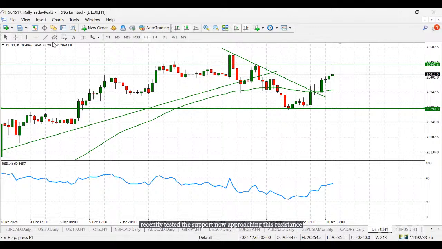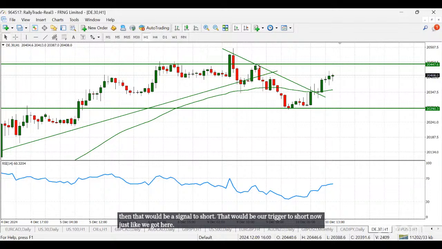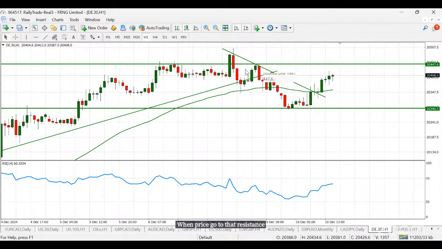Now, two things. As soon as price hits this resistance, at that level, if we get a bearish reversal pattern, then that would be a signal to short. That would be our trigger to short. Now, just like we got here, when price got to that resistance, this is 1 hour time frame now, it gave us a bearish engulfing pattern, and then we got that push back to support.